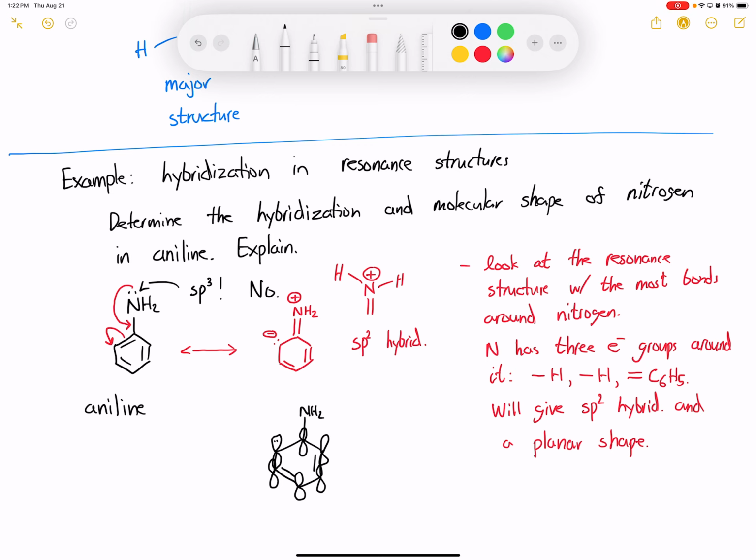Okay, and since NH2 is sp2 hybridized, there's actually a p orbital here that's holding that double bond together. Okay, so that's how we should think of resonance. There's a series of p orbitals. You don't have to draw that. You're not responsible for reproducing that, but it illustrates conceptually how the electrons communicate and move throughout the structure. Okay?